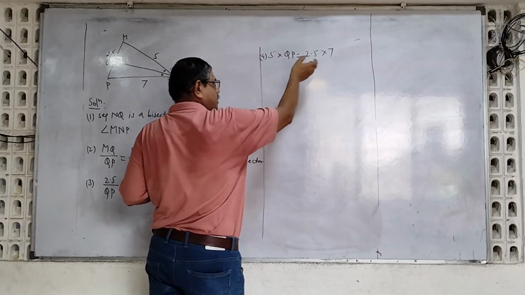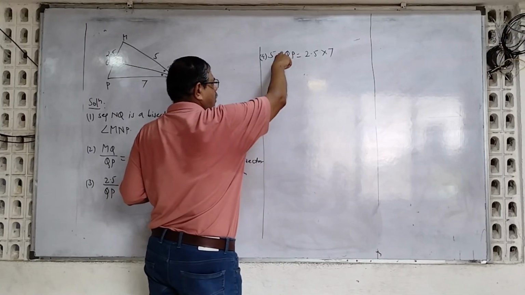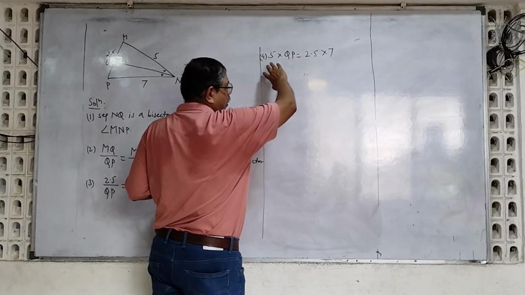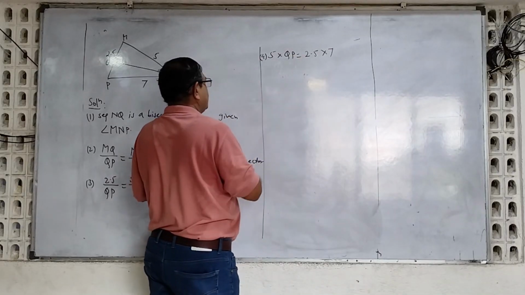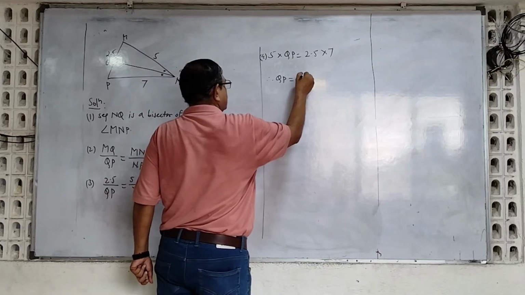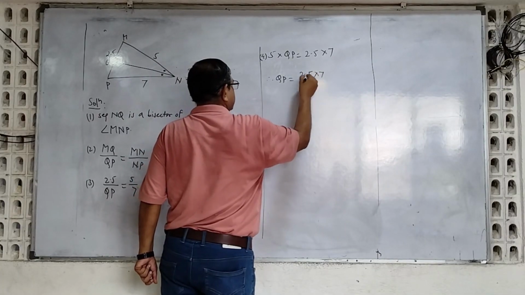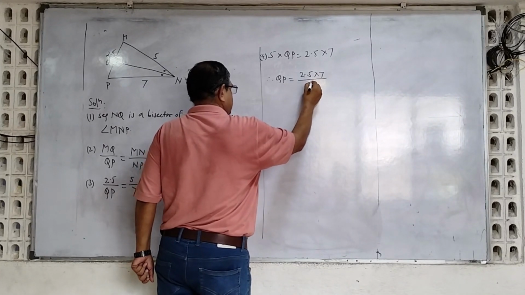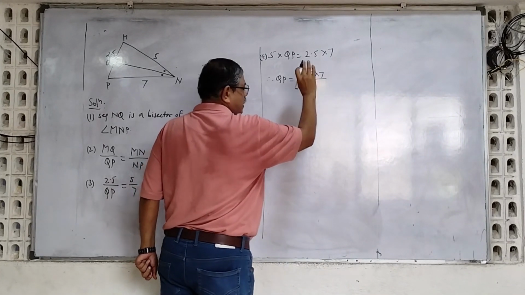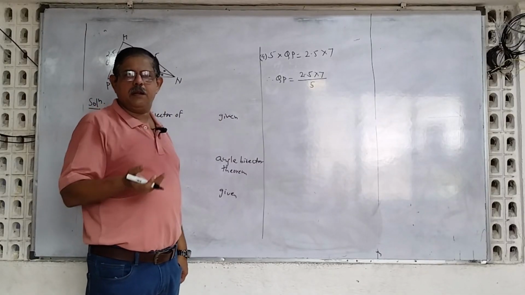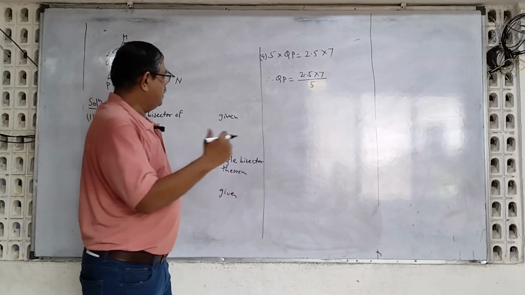So the value I have to find out, I will always write on the left side. Therefore I get QP is equal to 2.5 multiplied by 7 divided by 5. Now again I observe, my experience says, students multiply this and then divide. Why? As it is, you have to divide. Why make it more complicated? Keep it as it is and then divide.